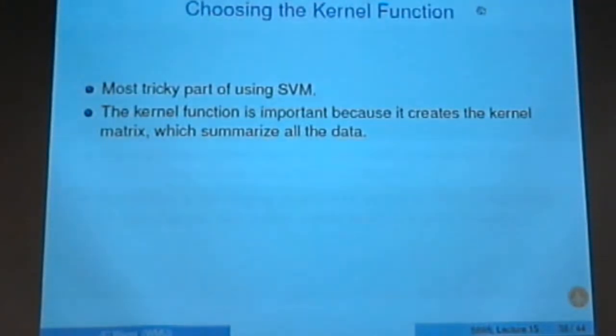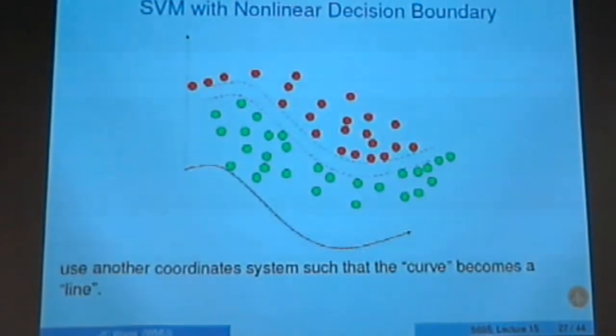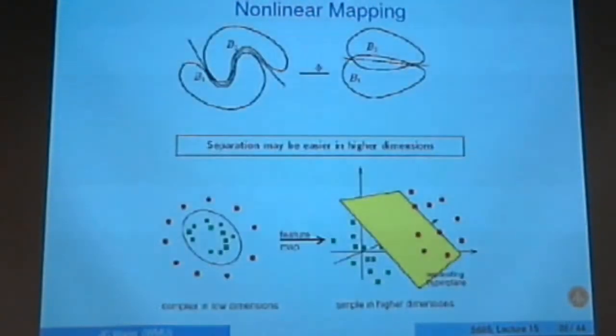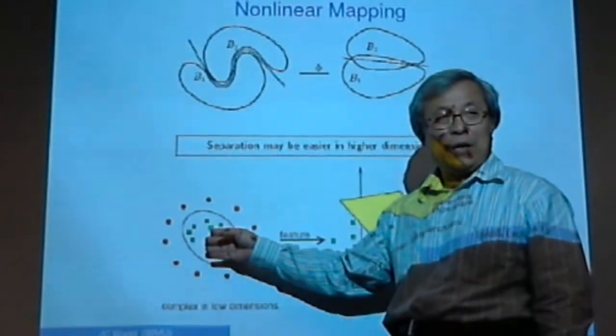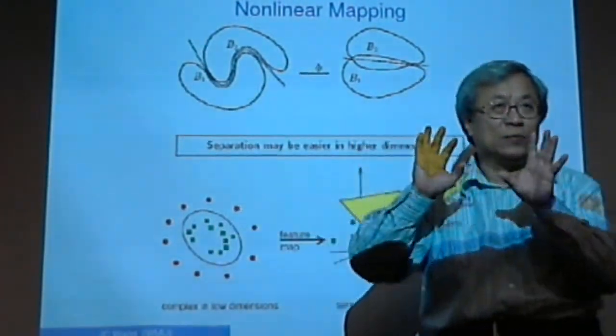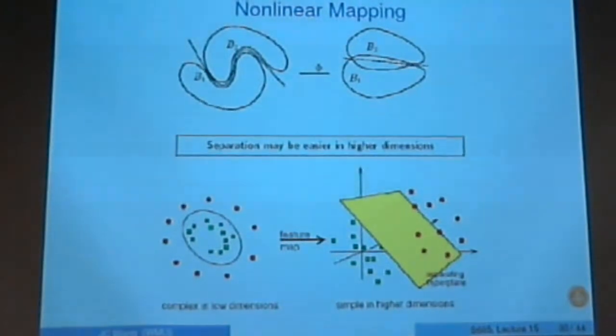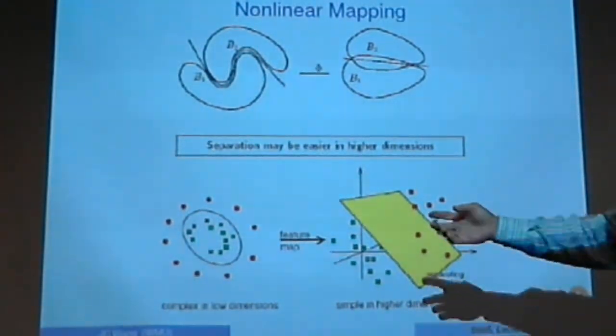Usually this depends on some kind of radial basis function. The radial basis function depends on the input vector only through the distance from the origin.